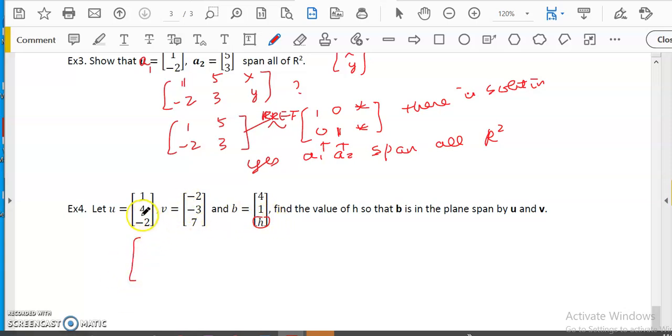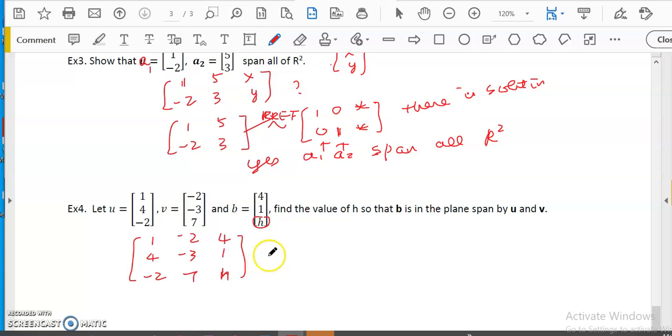So remember, if you want it to be a combination of other vectors, it's the same as doing the augmented matrix, because we want to skip the system of equations, for 1, h. Now, because I don't have x, y like last time, this is some number. So I want to avoid 0, 0, star. So I actually have to do it by hand.